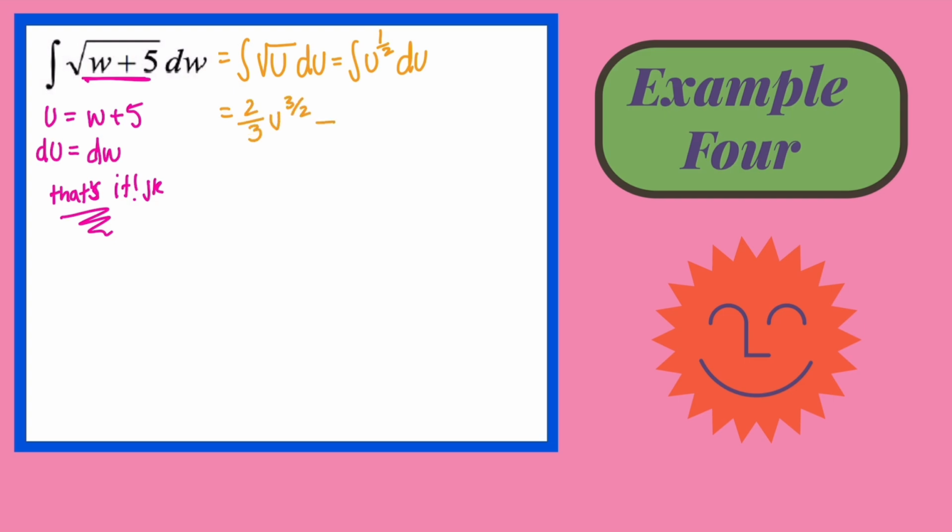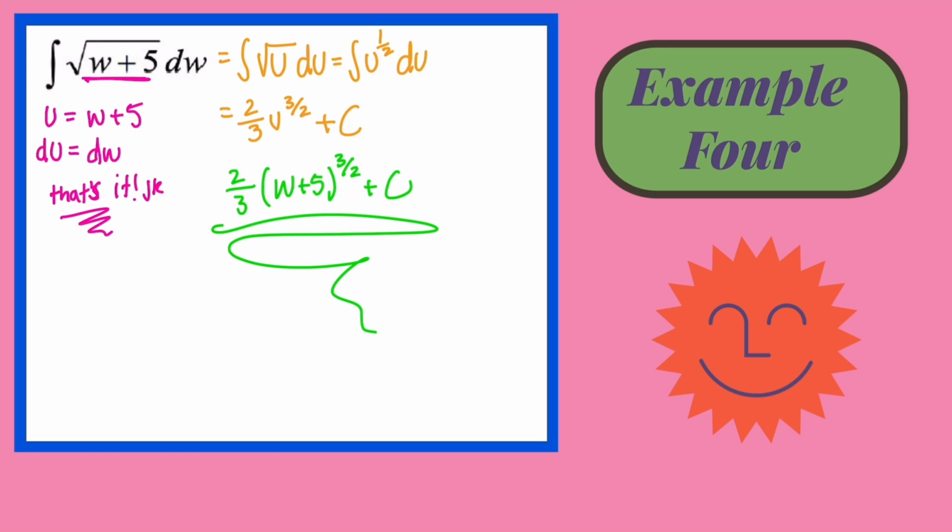It's going to be 2 over 3 times u to the 3 over 2 plus c. From there, we're going to do our last and final step and plug in all of our original u terms. So it's going to be 2 over 3 times w plus 5 to the 3 over 2 plus c, and that is it for our last example.